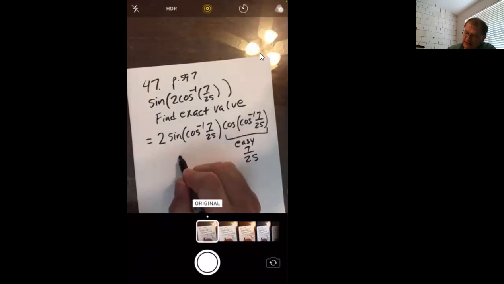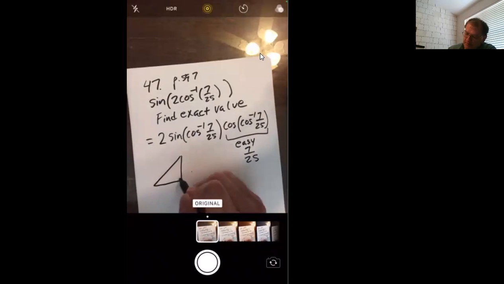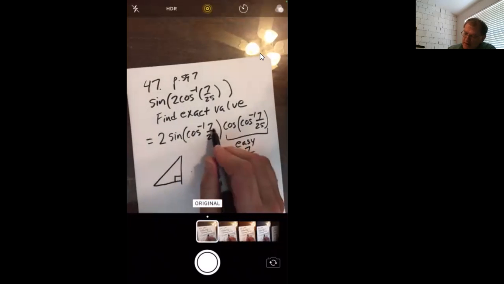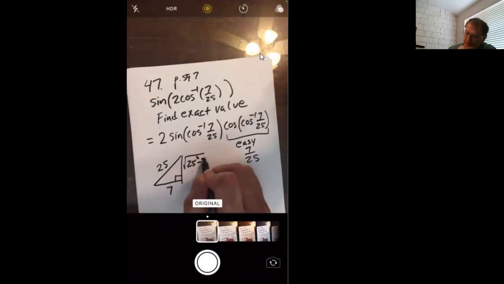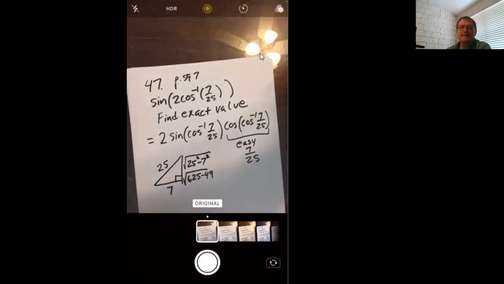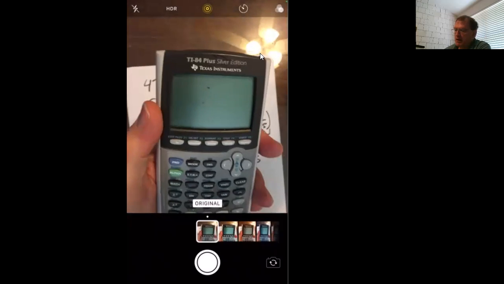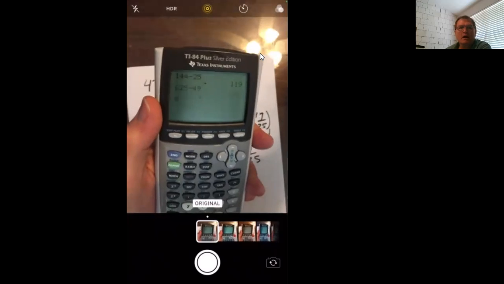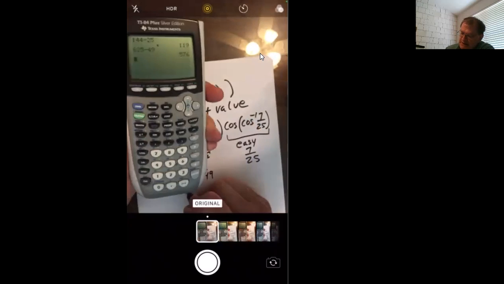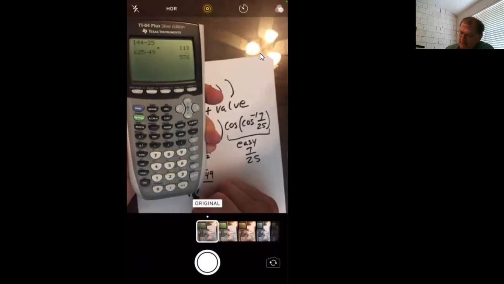All right, so I need a triangle. Arc cosine, that would be 7 over 25. And this leg is going to be the square root of 25 squared minus 7 squared. I think this could be the square root of 625 minus 49. 576, I think that's even.